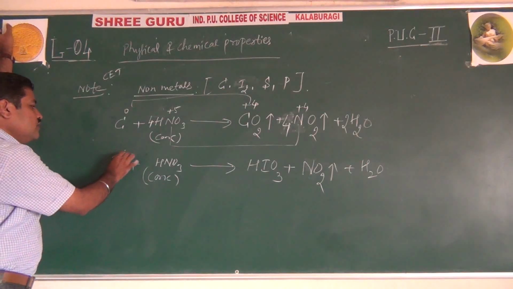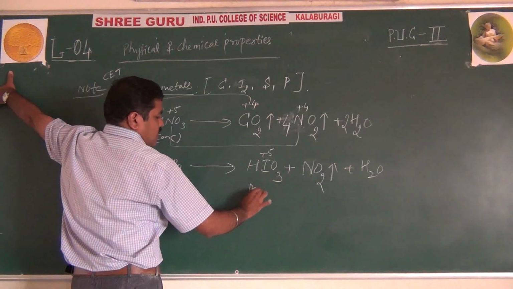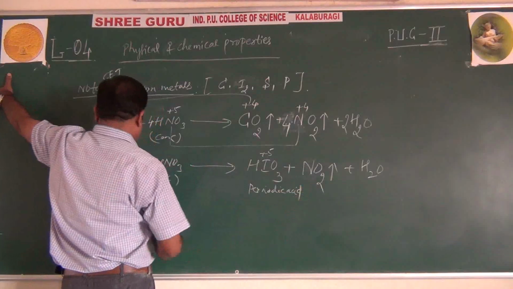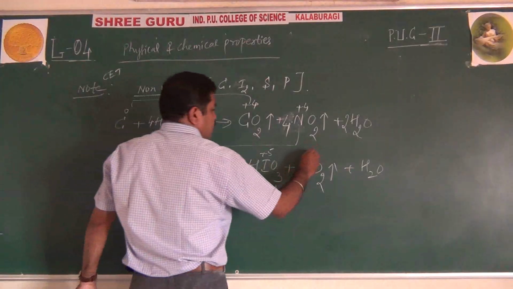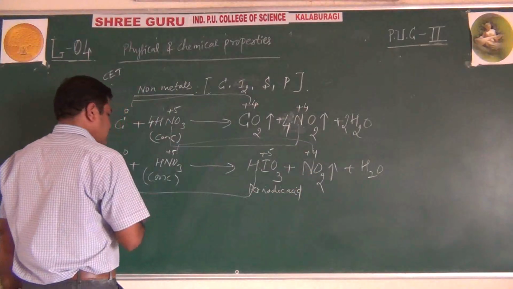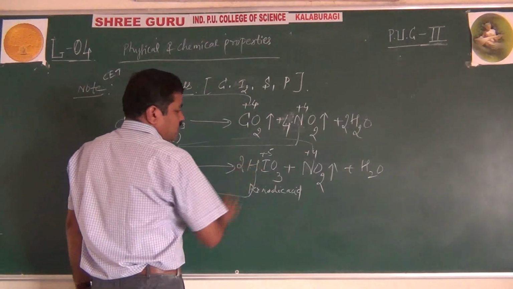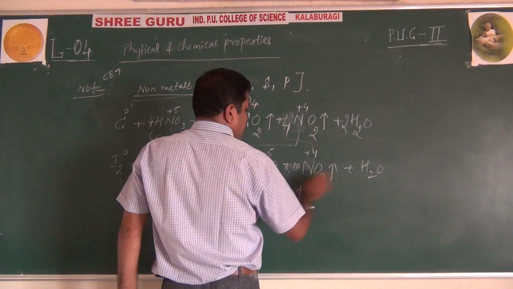Like that here also, iodine goes from 0 to plus 5 in iodic acid, and once again nitrogen goes from plus 5 to plus 4. Okay, that is the reaction. Balanced equation: 10HNO3, 2HIO3, 10NO2 and 4H2O.